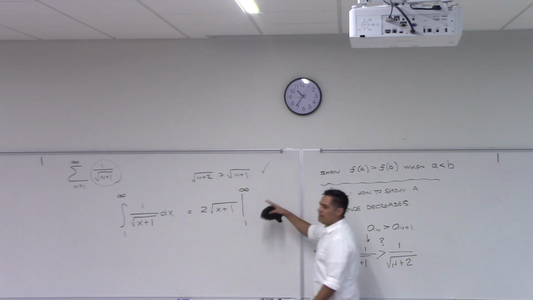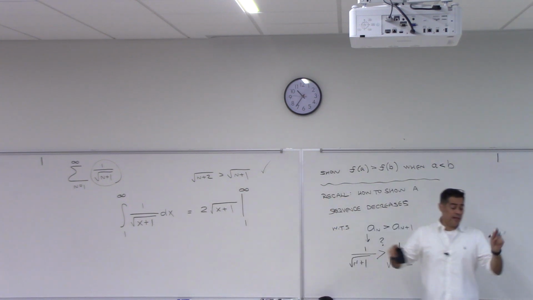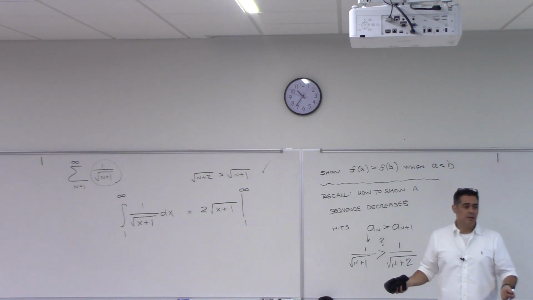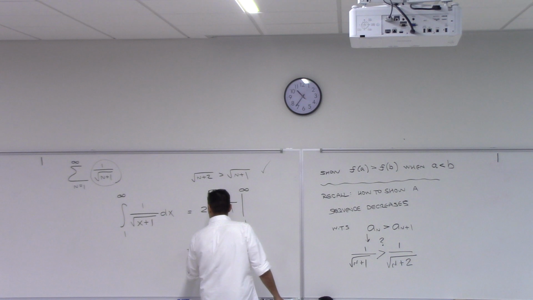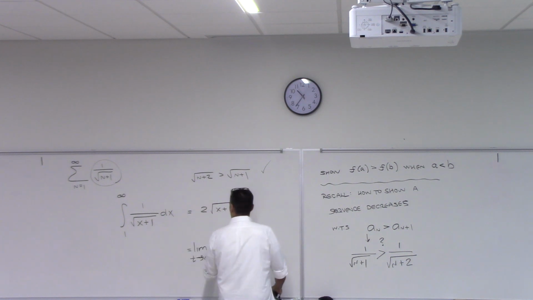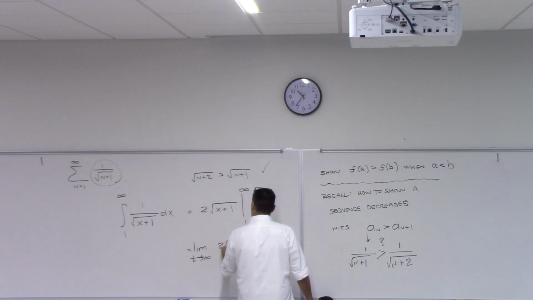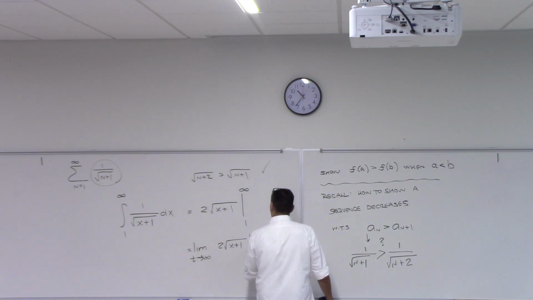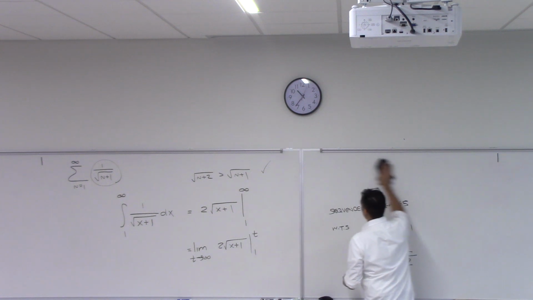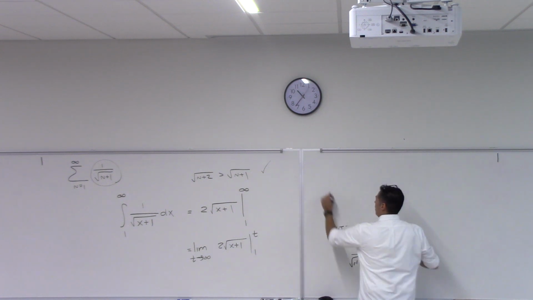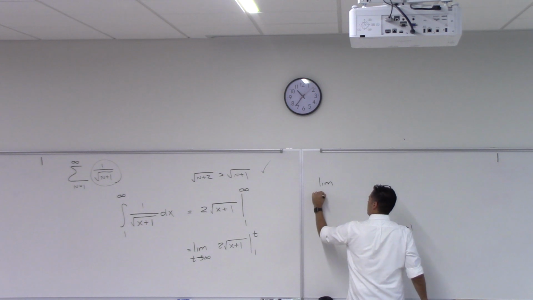Now, the way we did this back in improper integrals, we converted to a limit. So I'm going to do limit as t goes to infinity of 2 root x plus 1, from 1 to t.